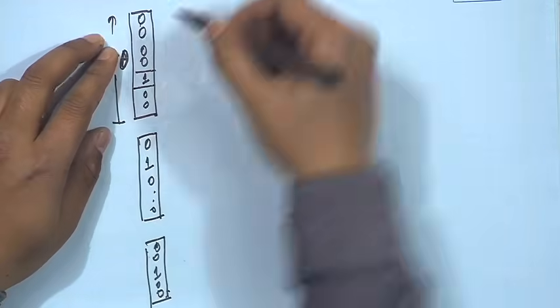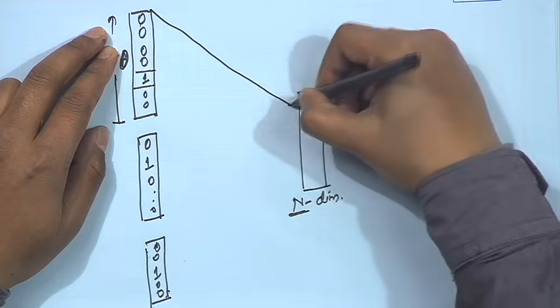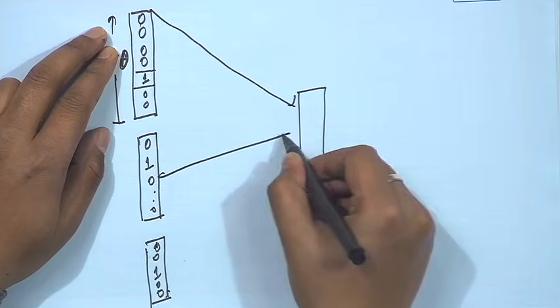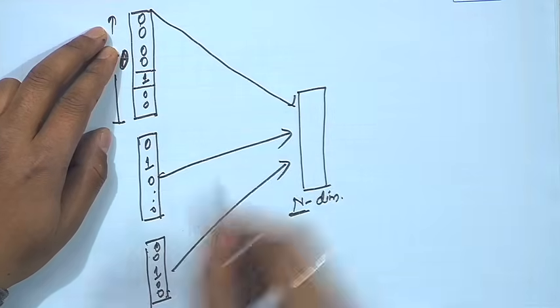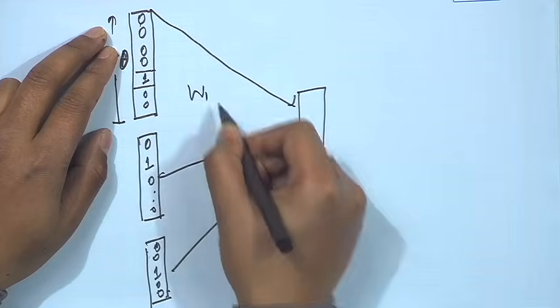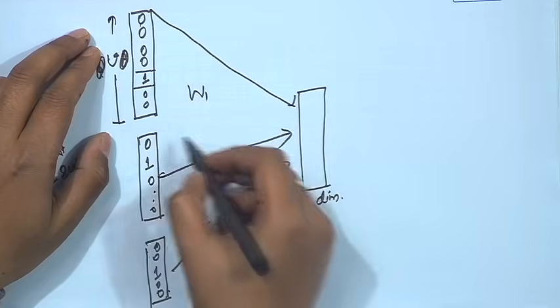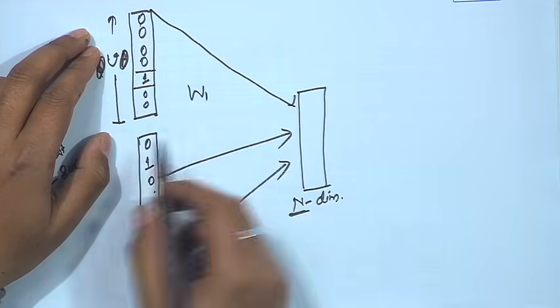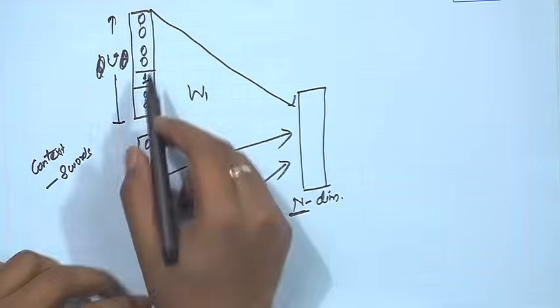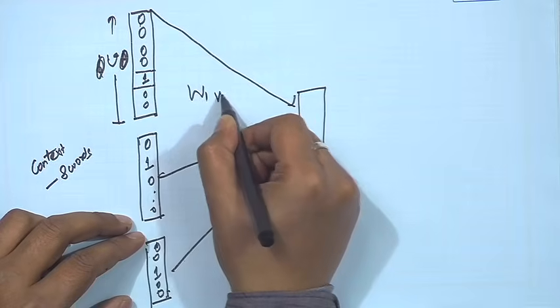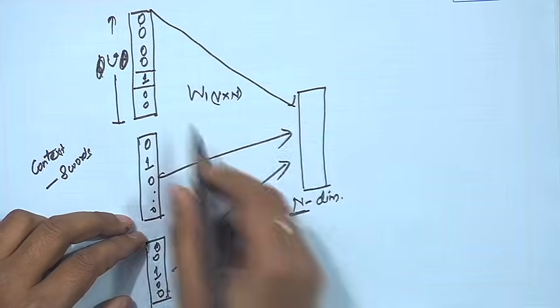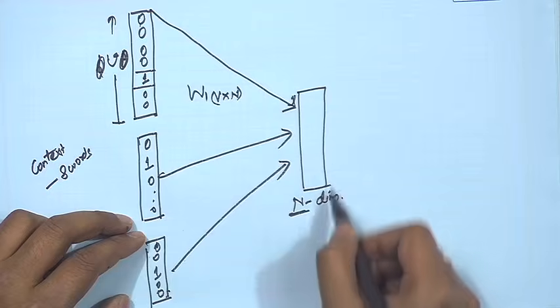So I will have a weight matrix, let us say W1, of dimension v cross n, so that the final representation is n dimensional.